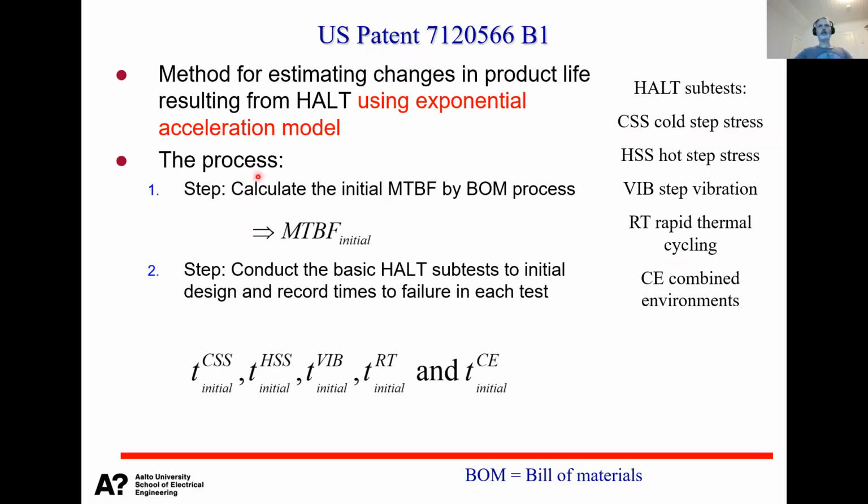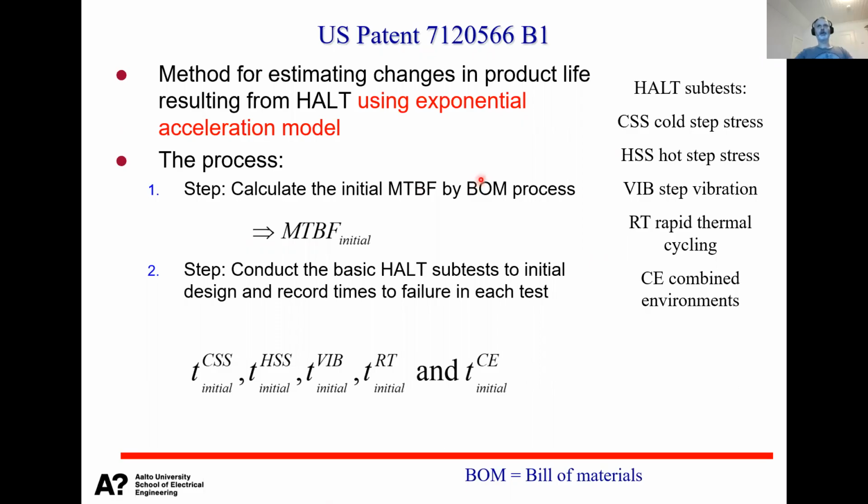So how is this process ongoing? First you start the whole thing by calculating the so-called initial mean time between failures or mean time to failure by BOM process. What is BOM process? BOM stands for bill of materials. So basically this just means that based on the components of the product, you calculate some first guess of the failure rate.